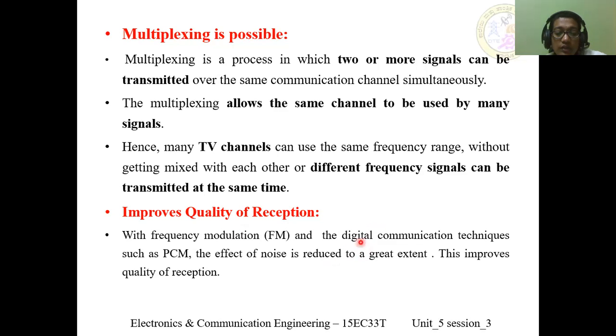That is, the energy is directly proportional to the frequency. So we can improve the quality of the reception because we are increasing the strength of the message signal by adding the high frequency carrier signal. So these are all the advantages of modulation.